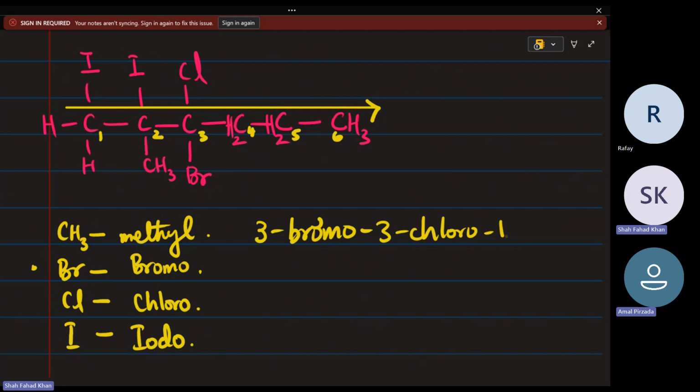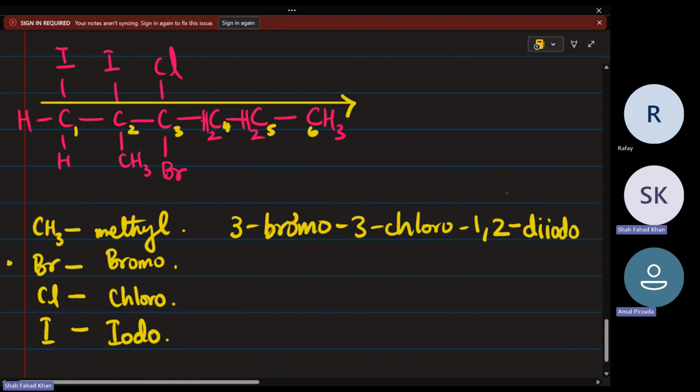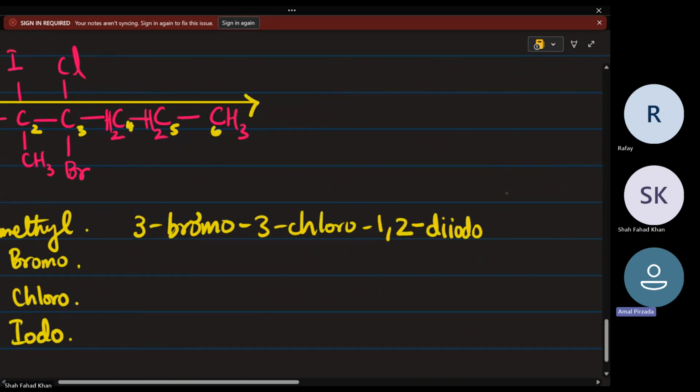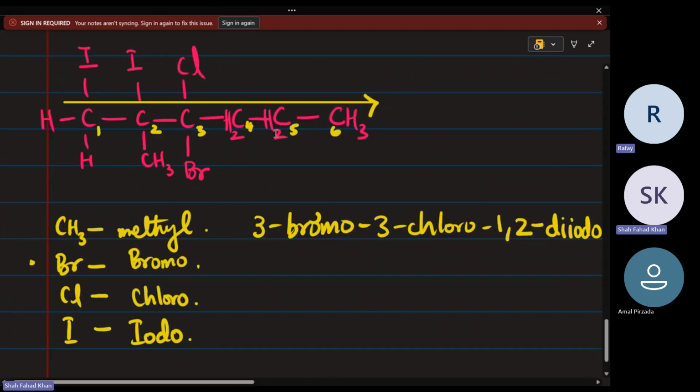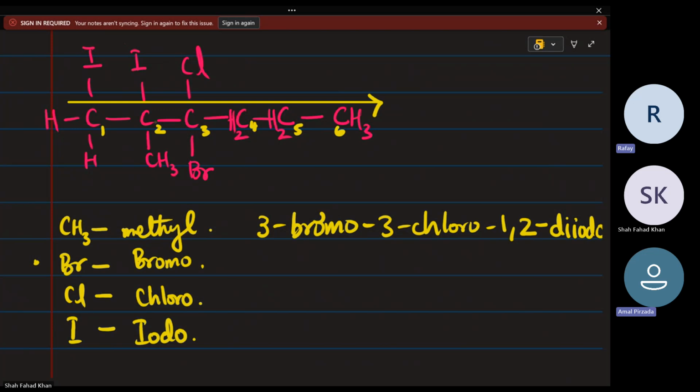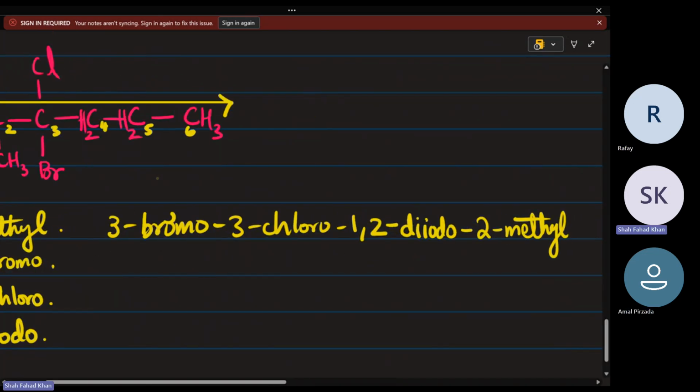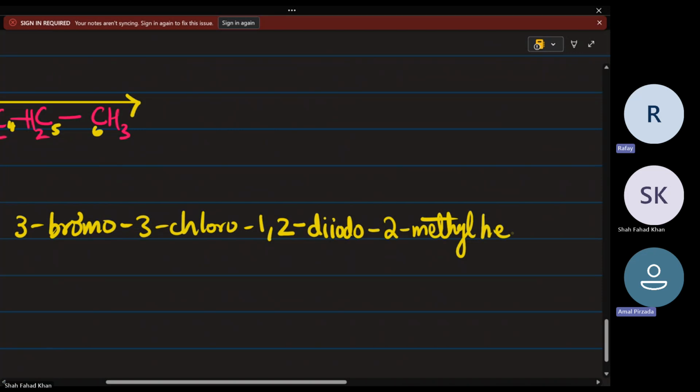Remember, 2 iodines, so diiodo. Okay, diiodo. What else after that? Dash hexane. Did you forget the methyl? You forgot the methyl, Amal. 2-methyl, right? Yeah. Then we have hexane.